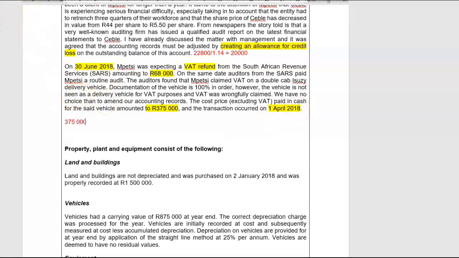So the amount that we claimed was 375,000 times 14%, which equals a total amount of 52,500. So what are we going to do? If we're going to reverse that, we're going to pass a credit against our VAT control account, and we're going to pass a debit against our vehicles account.